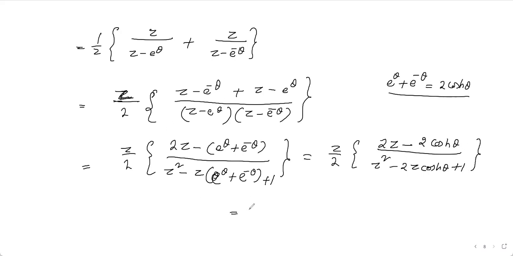Further, we can cancel 2 here. So this would lead to z multiplied by z minus cosh theta by z squared minus 2z cosh theta plus 1.